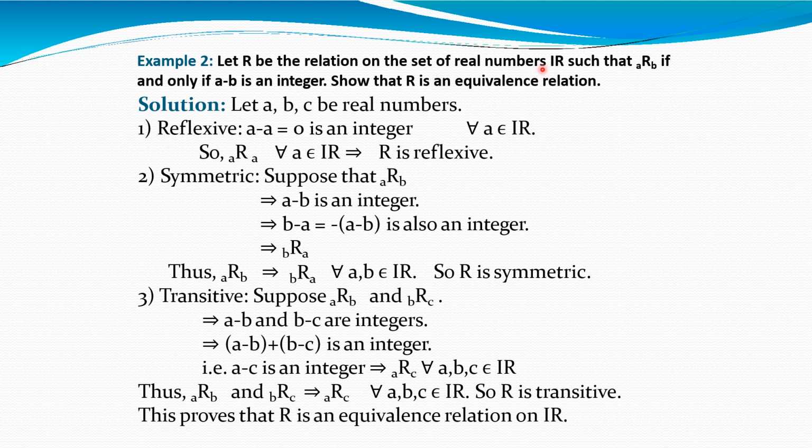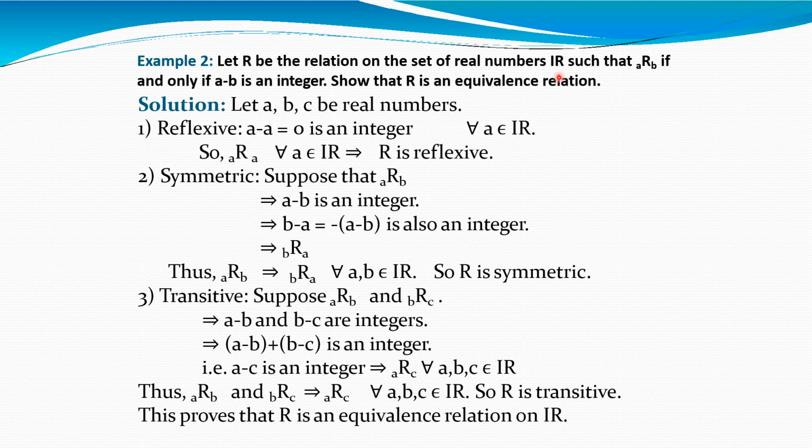So the real number a is related to b if and only if a minus b is an integer. For example, if I consider a equal to 6 and b equal to 4. Now 6 and 4 both are real numbers and 6 minus 4 equal to 2 is an integer. So I can say that 6 is related to 4. Again if I consider a equal to 10.5 and b equal to 8.5.